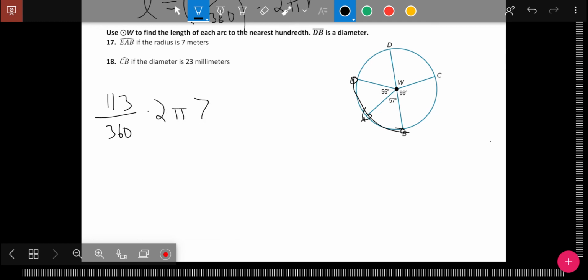And so I do 113 divided by 360 in parentheses, times 2 times pi times 7. And I get 13.8055. It said the nearest hundredth, so I want to do 13.81 for number 17.